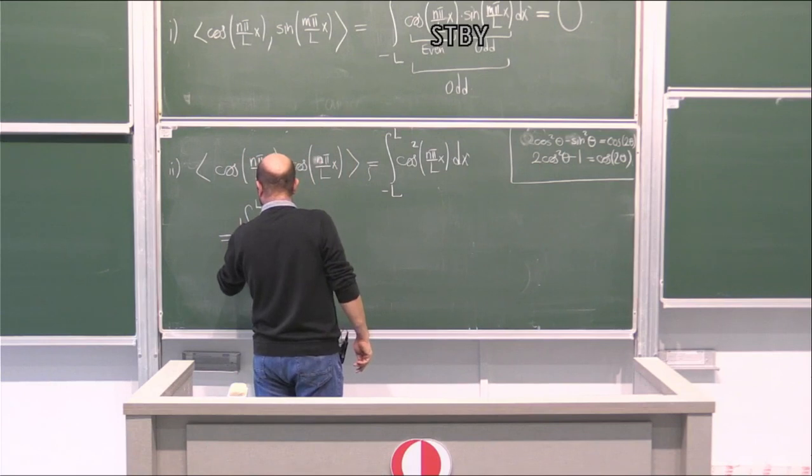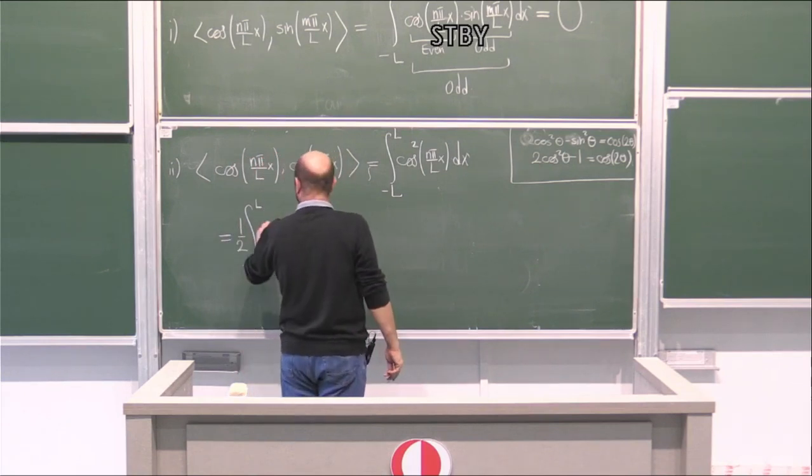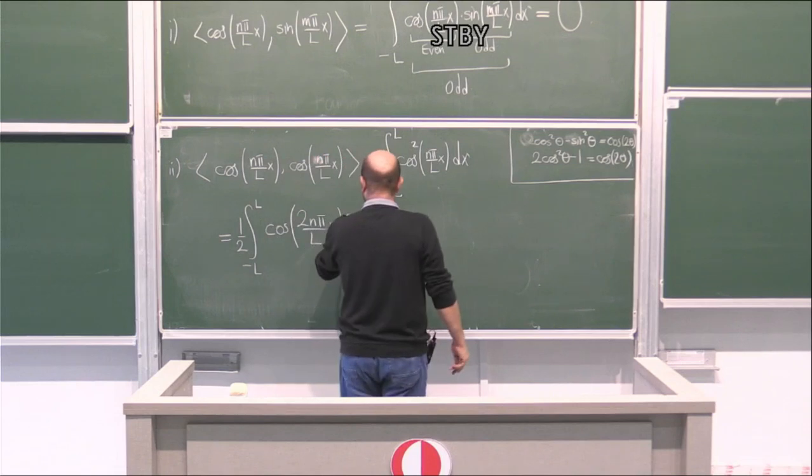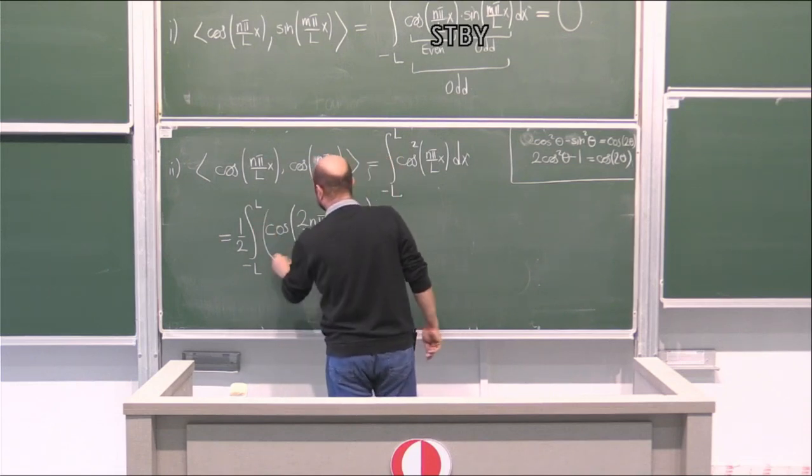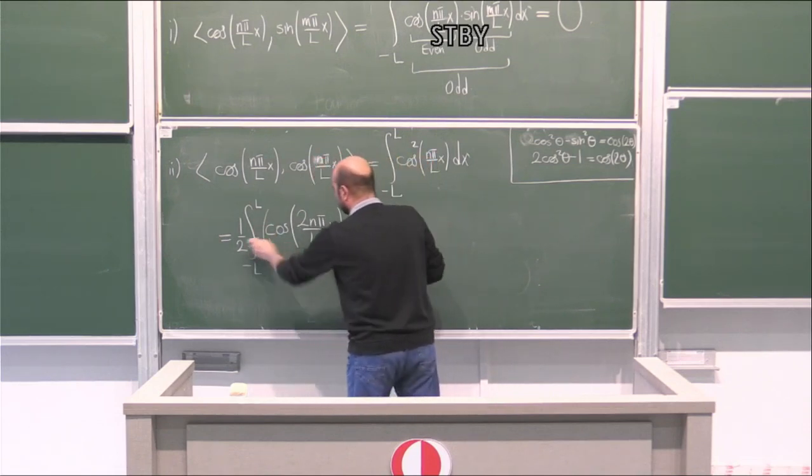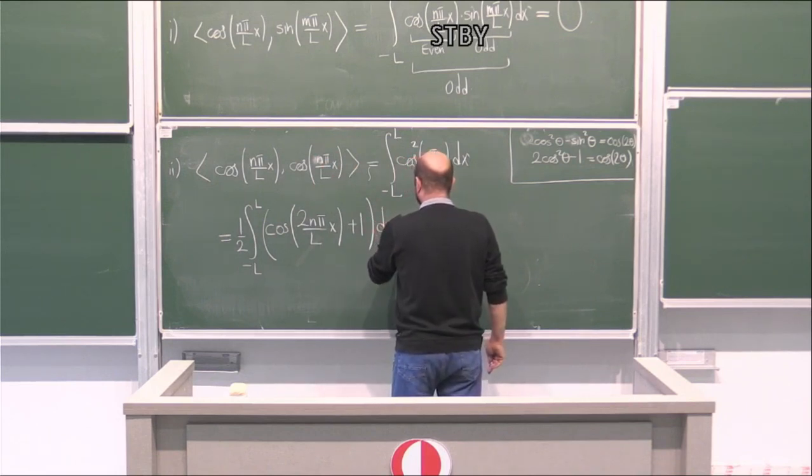So we have now cosine 2 n pi divided by L x plus 1, divided by 2, dx.